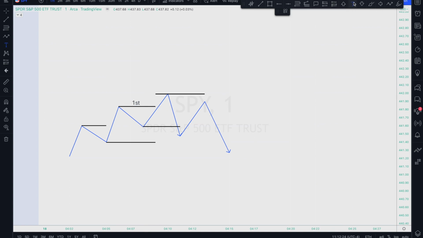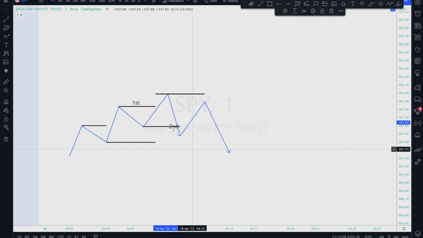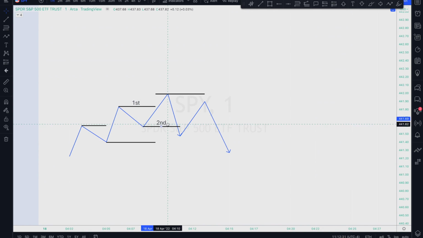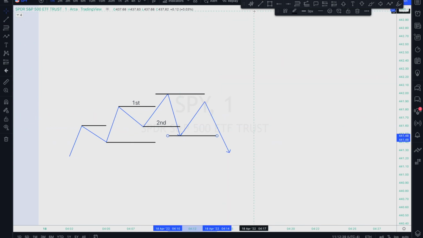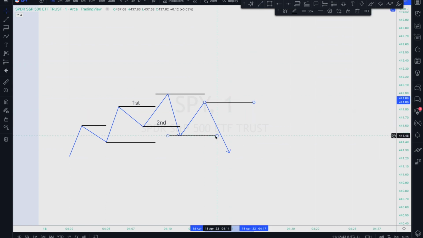And then the low breaks second, and this makes a clean change of character, right? And then the low breaks, and so there's our change of character with the low. We break that low, which makes this a lower high, and this break right here is what you call a break of structure.